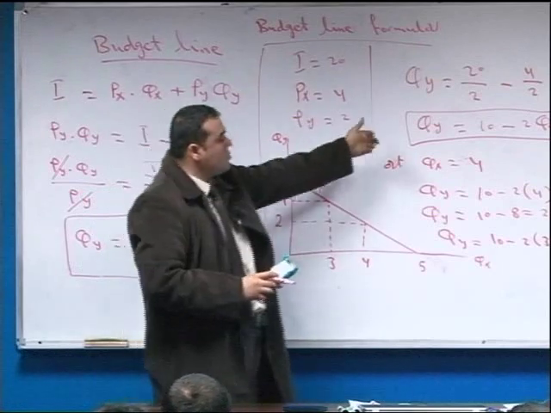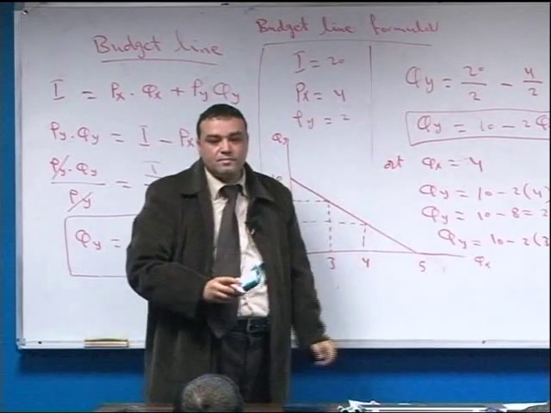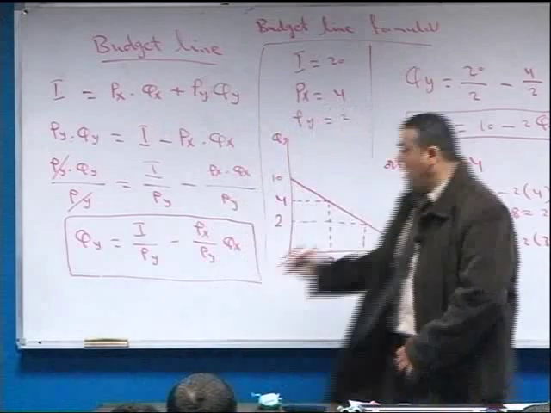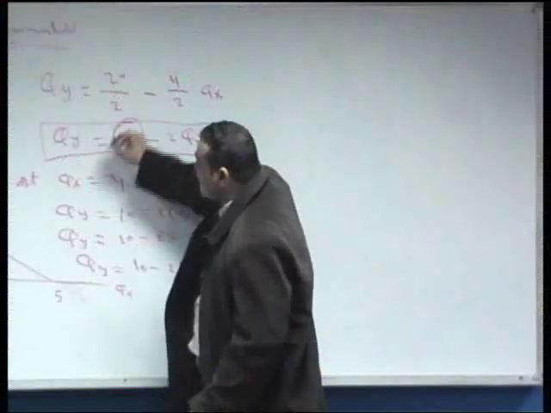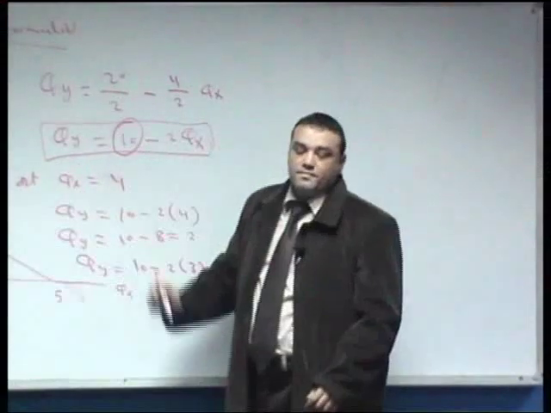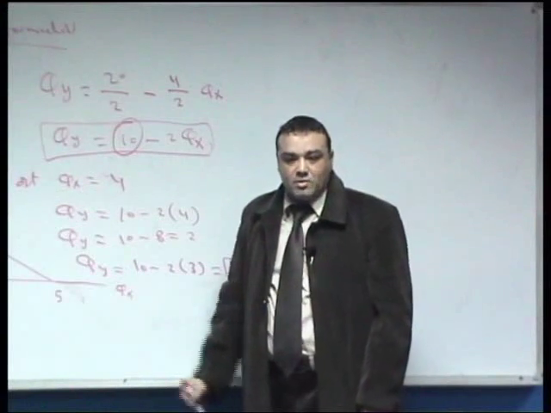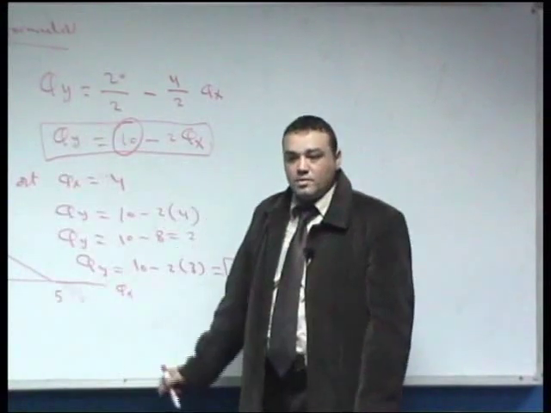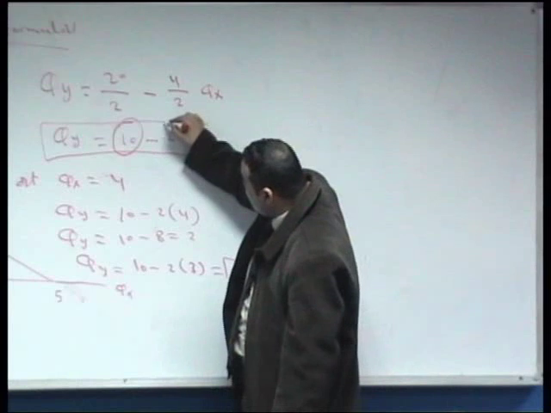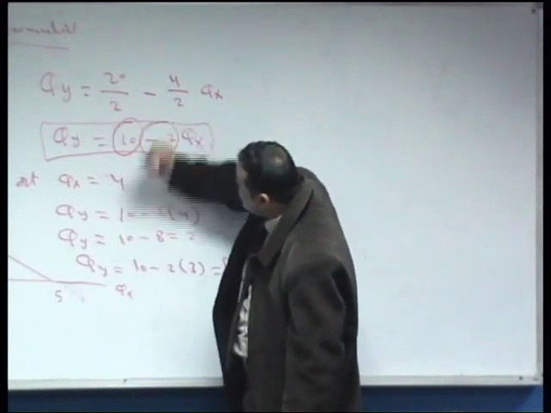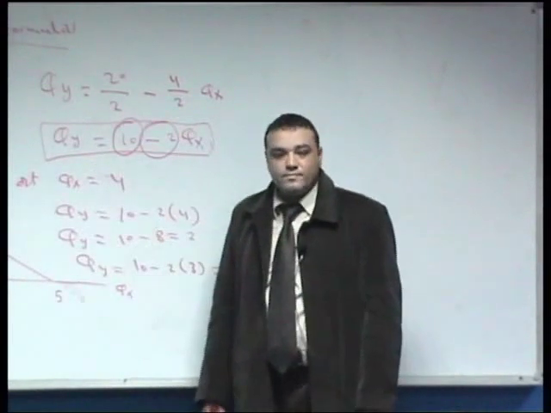Let's come back to this formula. 10 is the intercept of the budget line with the vertical axis, right? And minus 2 is the slope of the budget line.